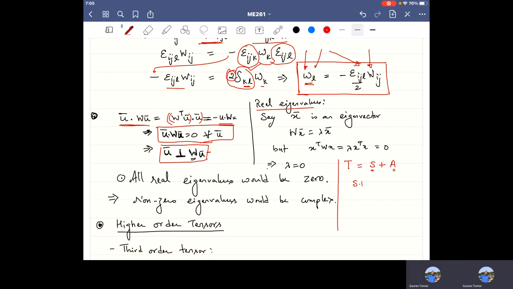Now if you do S plus A operating on U, and then you take U dot, this quantity would reduce to U dot SU, because U dot AU will go to 0 since A is an antisymmetric tensor. And then finally, your definition of positive definiteness would reduce to that of symmetric matrices only. So the proof for all the lambdas to be positive that we had done in the last class would suffice.